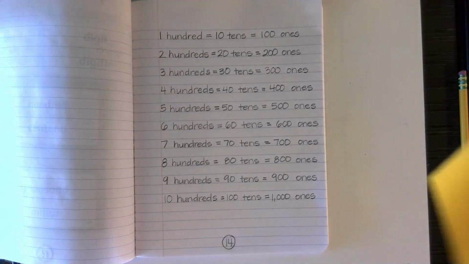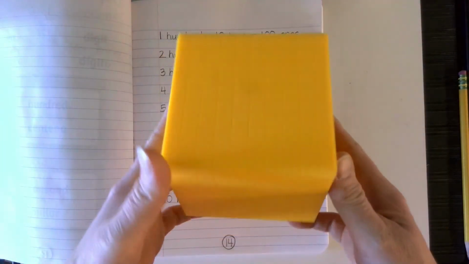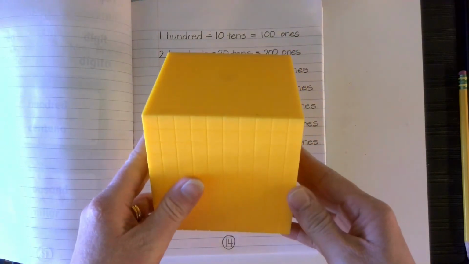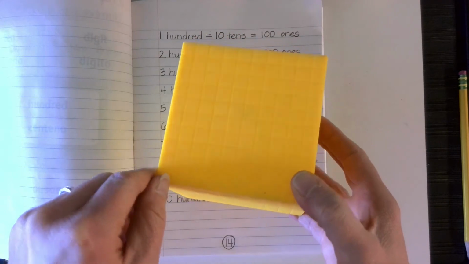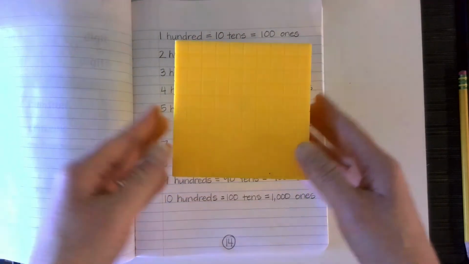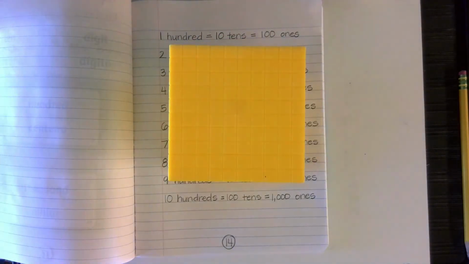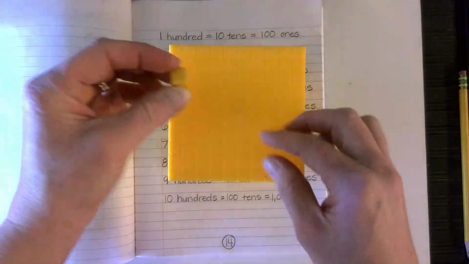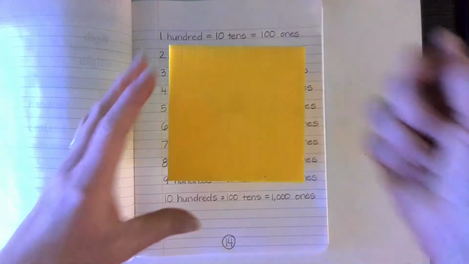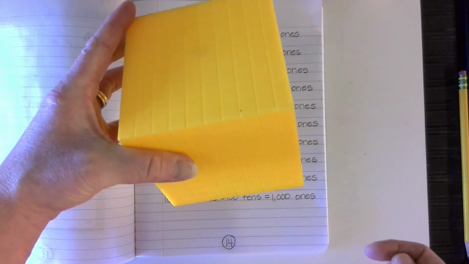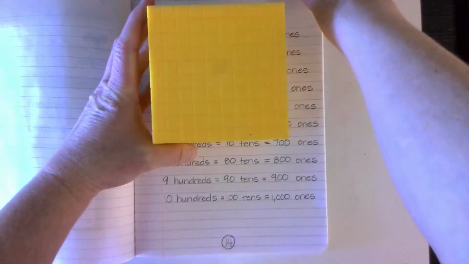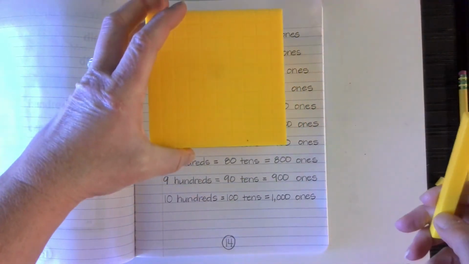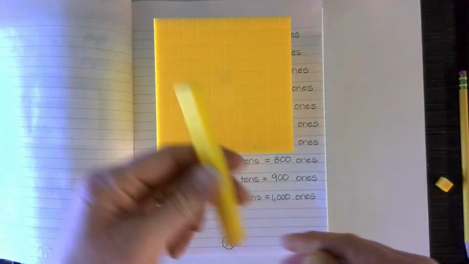And then I'm going to show you here, I have 1,000. So if I were to cut this up into the little teeny ones, I would have 1,000 of these little ones if I cut this all up. If I cut this 1,000 up into tens, how many of these would I have?